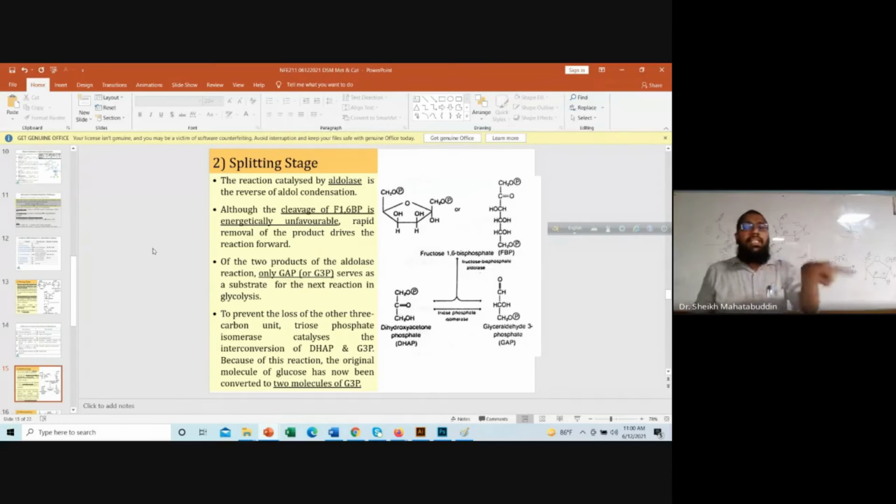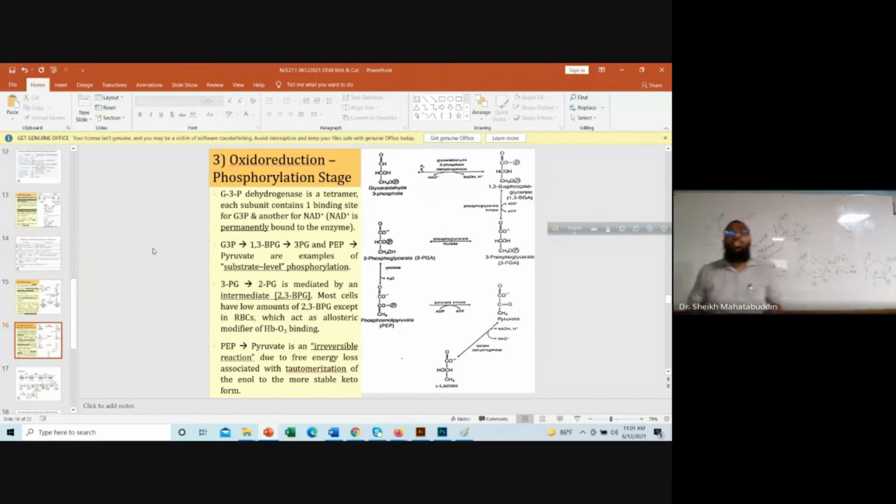As long as it is connected with phosphate, it is not safe, it does not feel calm and quiet. It is still energetic. It needs to reduce this energy to get stabilized. And then it goes for the oxidoreduction process to remove all phosphate from it to make it more stable.